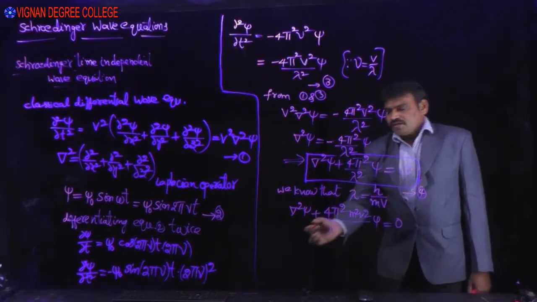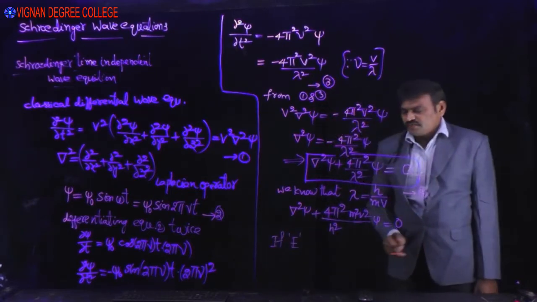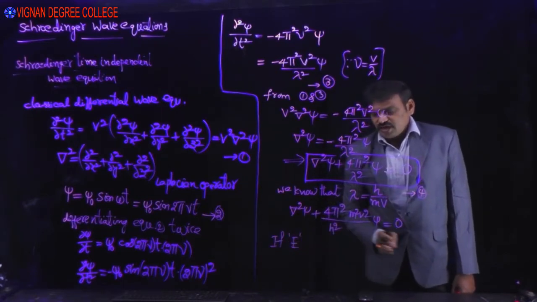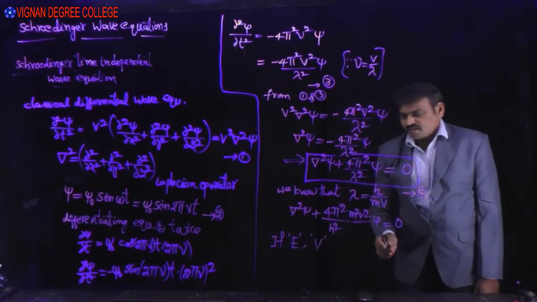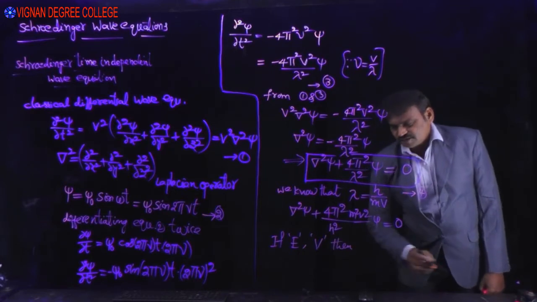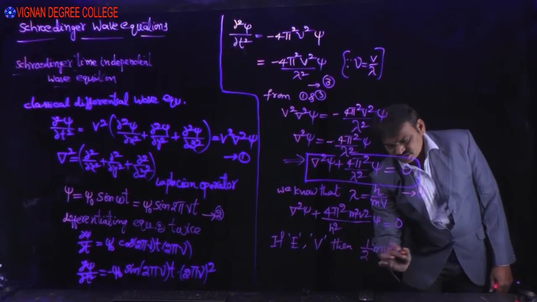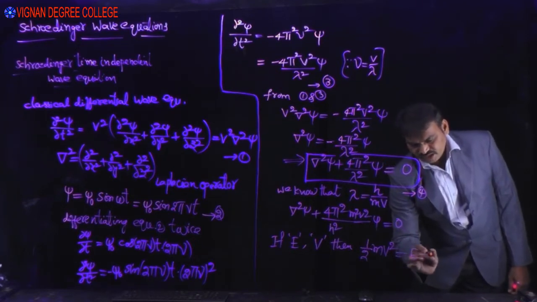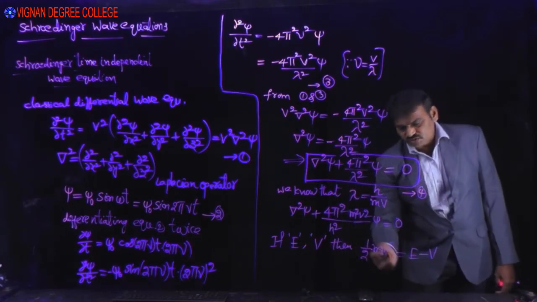Then if E is the total energy, that means the sum of the potential and kinetic energies, and V is the potential energy, then kinetic energy, half mv square, is equal to total energy minus potential energy.